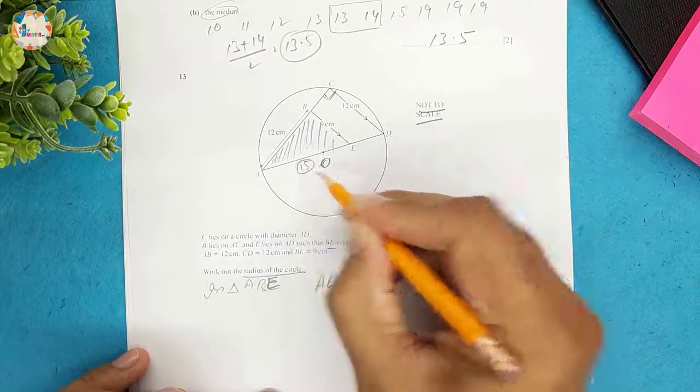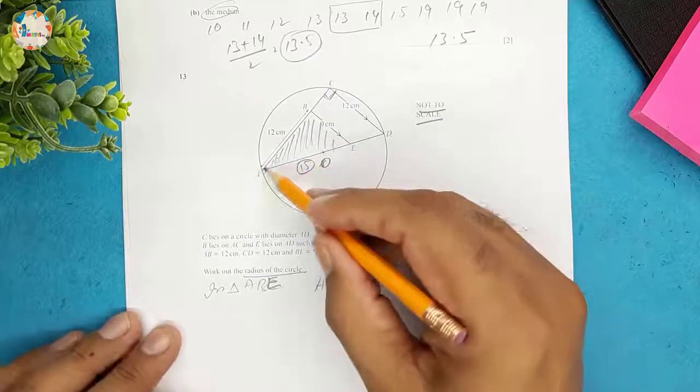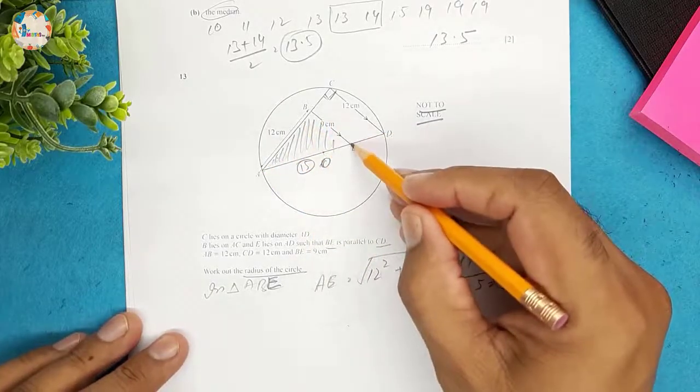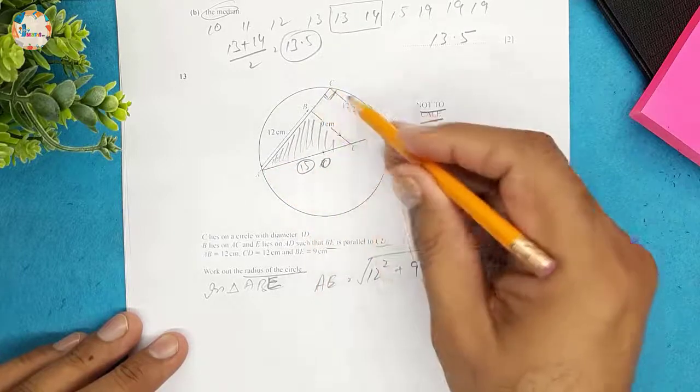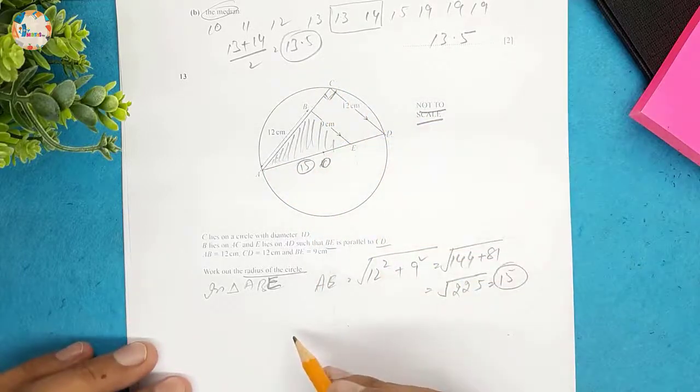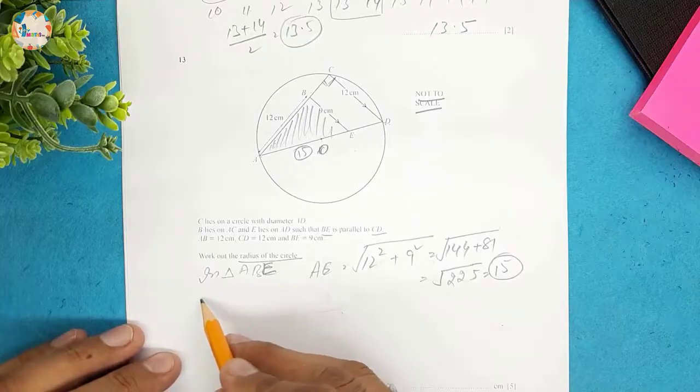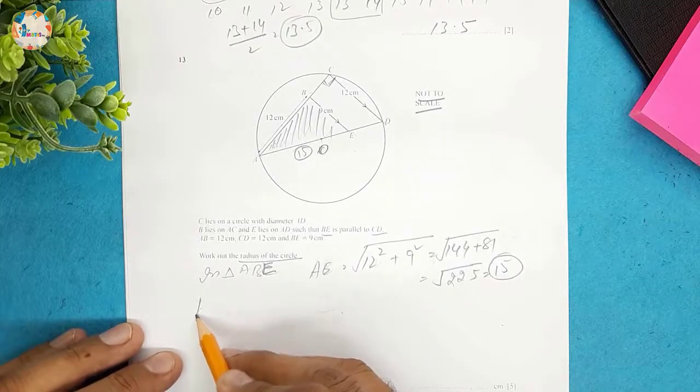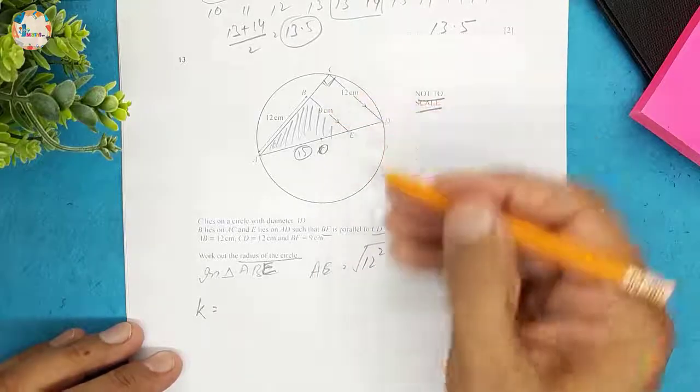AE is basically 15. Now we can use similar triangles ABE and ACD. These are two similar triangles, so we can check the ratio. The ratio is 12 over 9, since 9 is changing to 12.